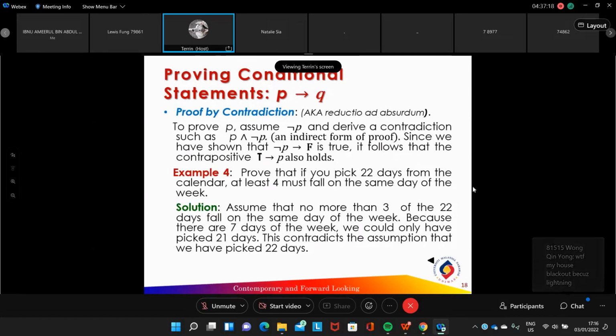So think of contradiction like when somebody says, oh, the earth is round, right? And you say, I don't believe you. And the guy says, prove it. So you have to prove by contradiction. I'm going to prove to you the earth is flat. So when you try to prove that the earth is flat, you have to assume it is true.